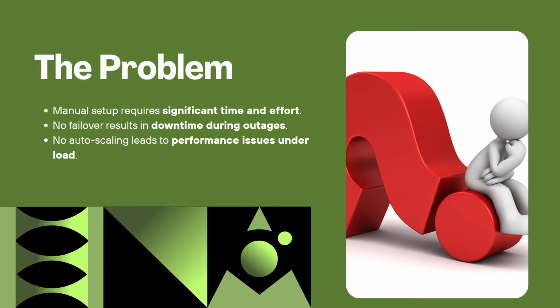So these are the problems without Kubernetes, the ones which are shown on the screen. Running containers without Kubernetes is like cooking at home every time you are hungry. So manual setup should be there. There is no failover, no auto scaling, no service discovery.